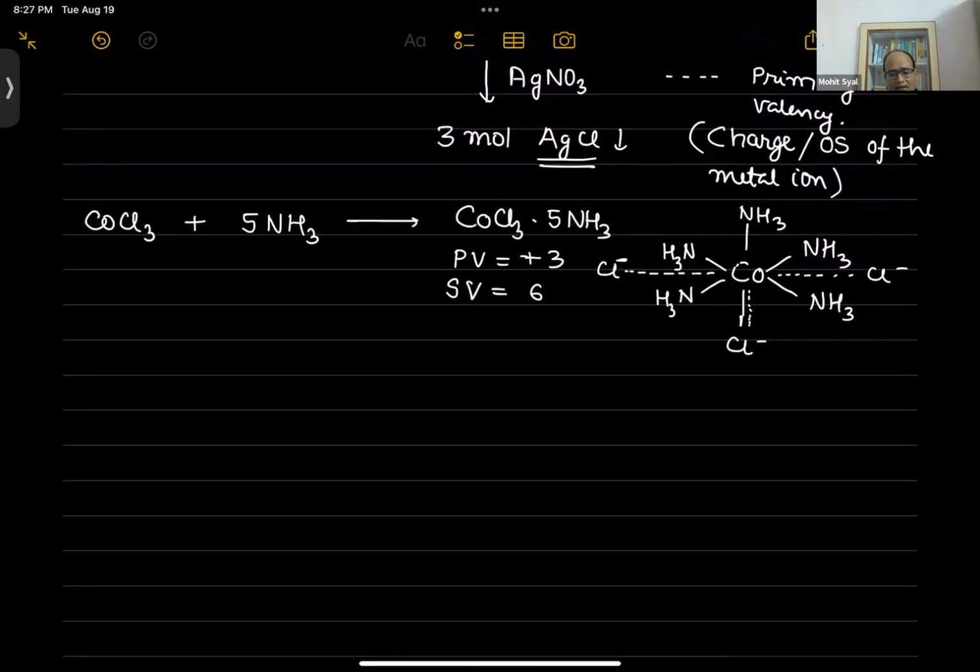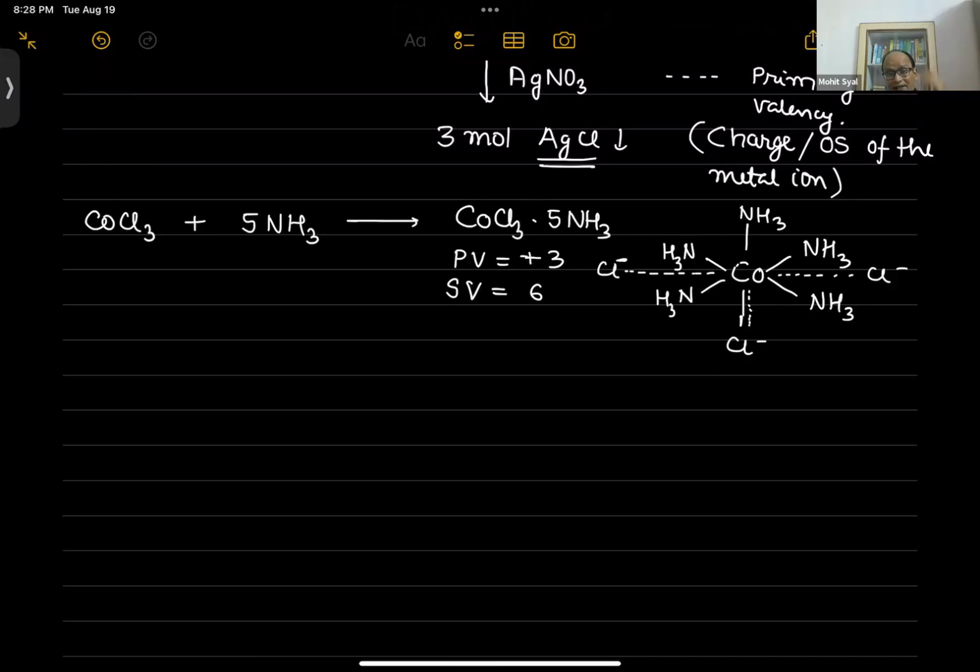It is satisfied by oppositely charged ions, anions, right? So the primary valency was 3. I need 3 Cl minus ions to satisfy this +3 charge. Got it? Yes, sir, clear.